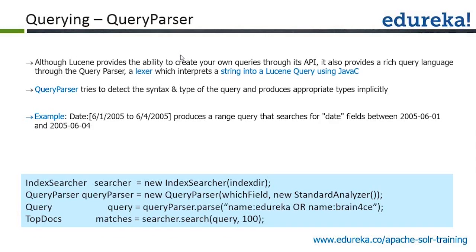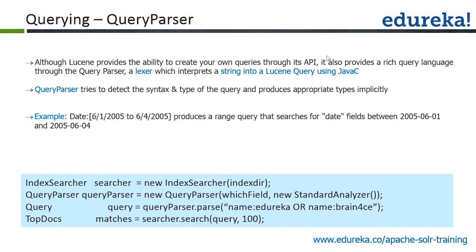So earlier we were using the APIs. Now, instead of using the API, we are using the query parser and writing the query syntax, something similar to SQL. If you notice, name is the field and I'm looking for Edureka in the name, or name can also contain brain for C. So if either one of them matches, return me the document.